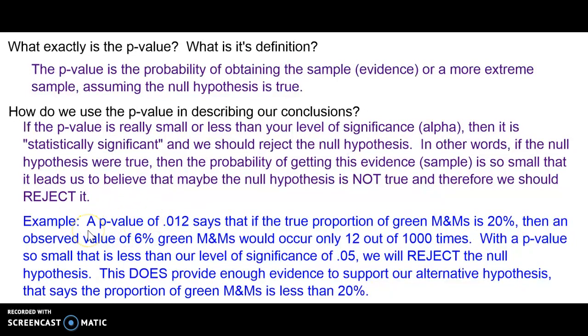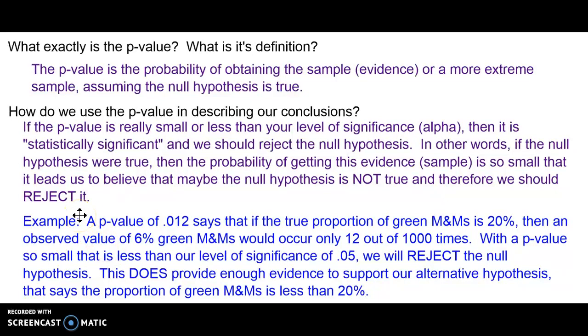I think a good way to write it would look like this. And you've got to assume a little bit here. I didn't do the entire test, but let's assume that the null hypothesis says that the green M&Ms are 20%, and we end up getting a p-value of 0.012. And let's pretend that our level of significance alpha is 5%. So how would this conclusion look?